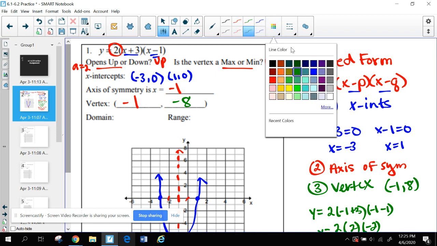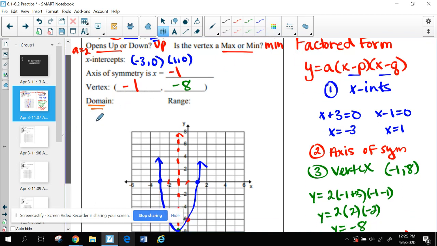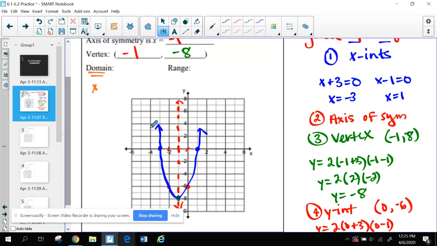And then I want to look at domain and range as well. This is review from earlier in the year. Domain represents your x values. If we take a look at both of these arrows, they're going to keep going left and right. So for your domain, which is your x values, you're going to use every single number, which as a reminder, we say is all real numbers, or you can use that symbol, the capital R with the double stem.